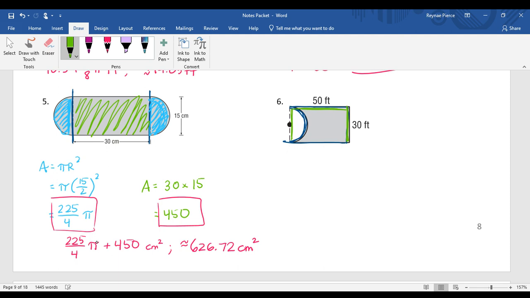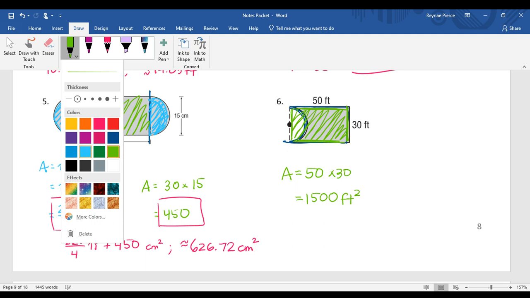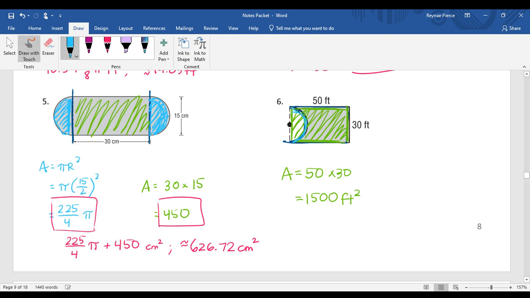Okay, rectangles, we just multiply the base times the height. 1,500 feet squared would be the area of the whole rectangle. Okay, but we don't want the area of the whole rectangle. We just want the area of the rectangle that's left after we cut out this semicircle. Okay, now the diameter of that semicircle is 30 feet, which means my radius is 15.